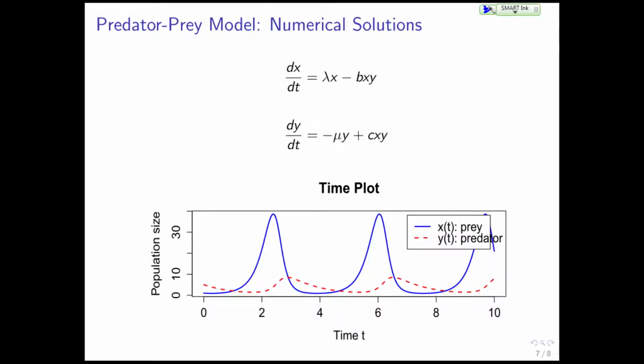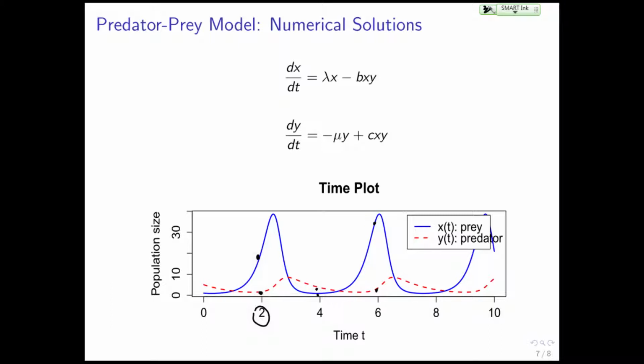But remember, for every time point, say t equals 2, x has this value and y has this value here in red dash, and x has another value there on the blue curve. If you look at t equals 4, here's the value of x, here's the value of y. At t equals 6, here's the value of y, there's the value of x, and so on.